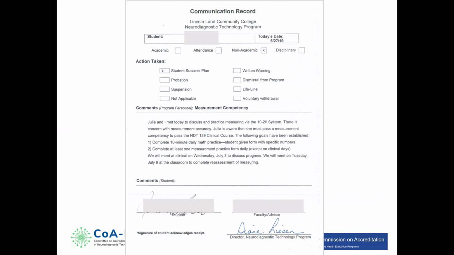I had a question if the student's progress was documented through the communication record. So I guess yes and no. Just a little backstory on this communication record in particular. We identified the student was having a problem in clinical. Our first semester is spent in the lab and on other didactic courses, and the lab is practicing the 10-20, a very safe environment.